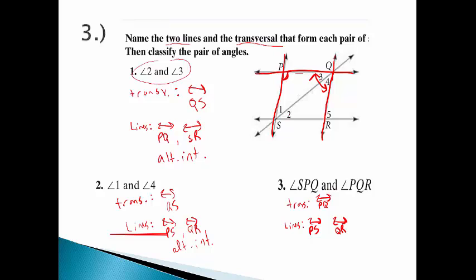If I look at the 2 angles they're talking about, they're still in between these 2 lines. They're on the interior. This time they're on the same side of our transversal. So they are same side interior angles.